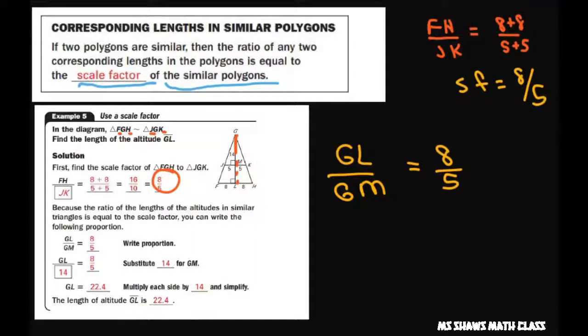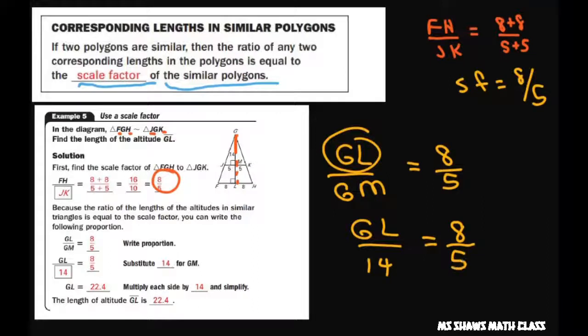All right? And then, so write the proportion. We don't know GL. That's what we're looking for. So we have GL is the 14, is 8, is the 5. And you cross multiply and solve. Cross up like that. And you get GL equals 22.4.